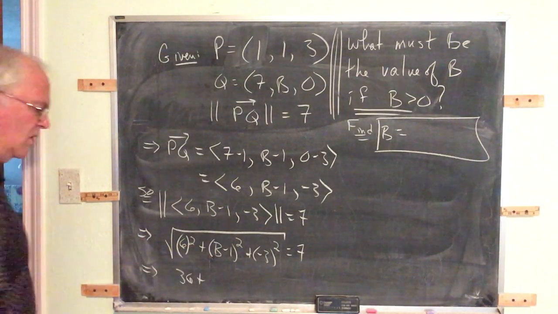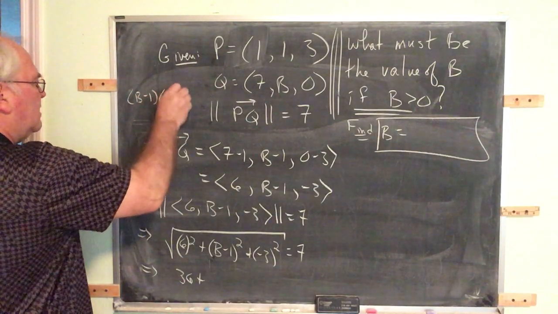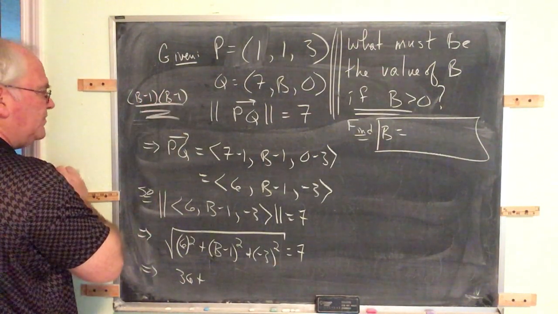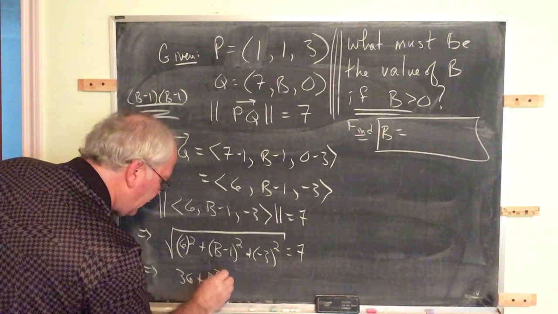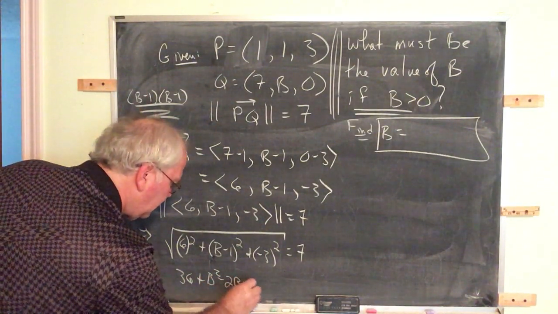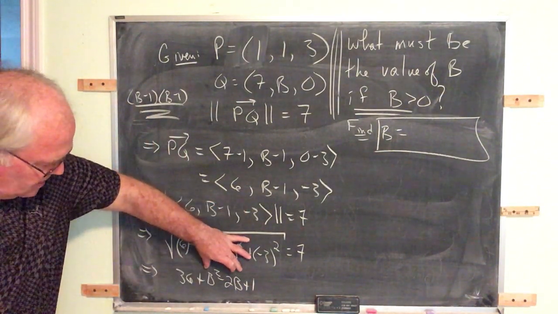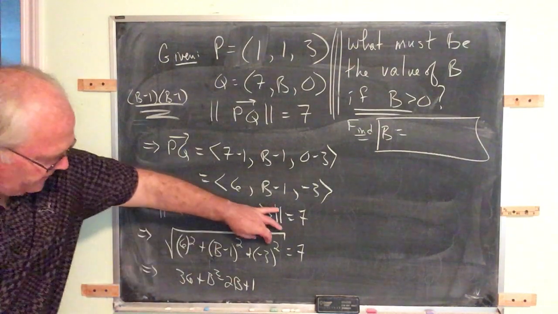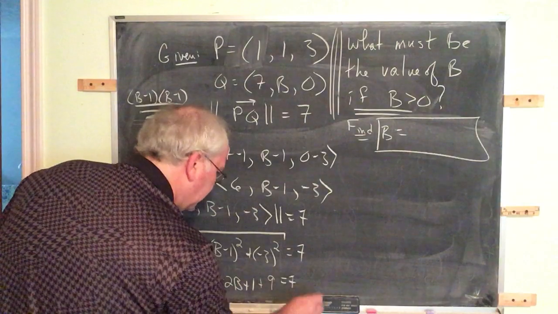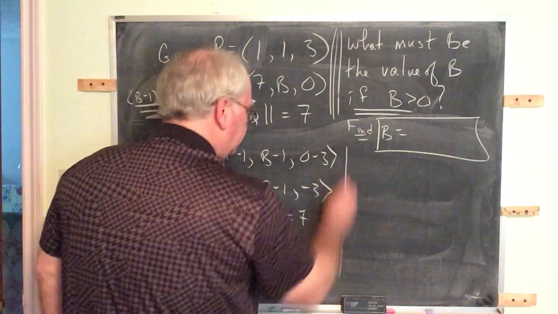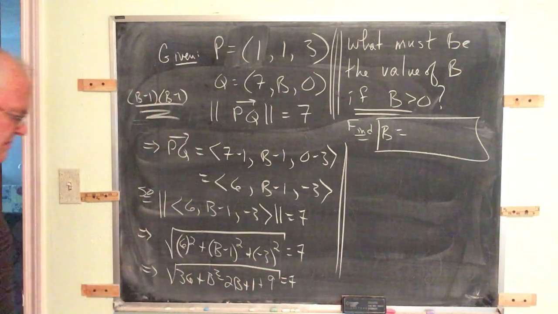And so b minus 1 squared, when you do that, you get b squared minus 2b plus 1. And then negative 3 squared is 9. And we need the square root of that to be 7.